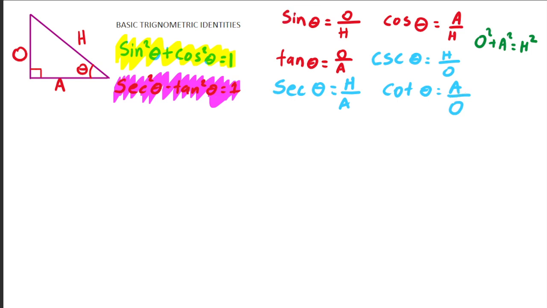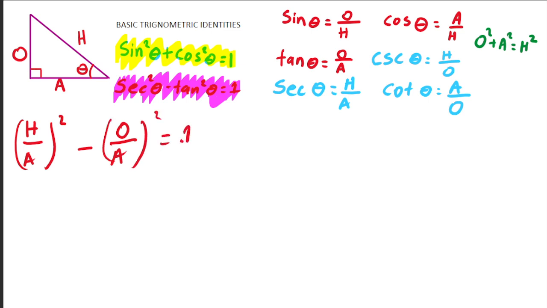We know that secant theta is hypotenuse over the adjacent side, so we can write it down as hypotenuse over adjacent whole squared, minus tan squared theta, which we know is opposite over adjacent. So we can write that down as opposite over adjacent whole squared. And this also equals 1.